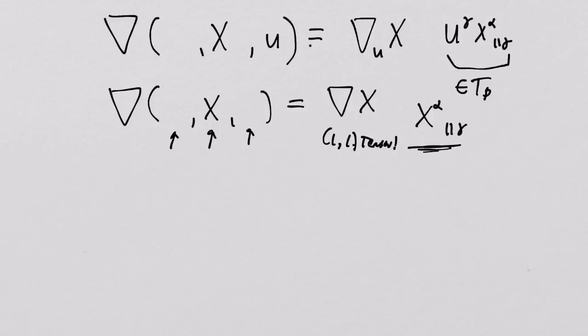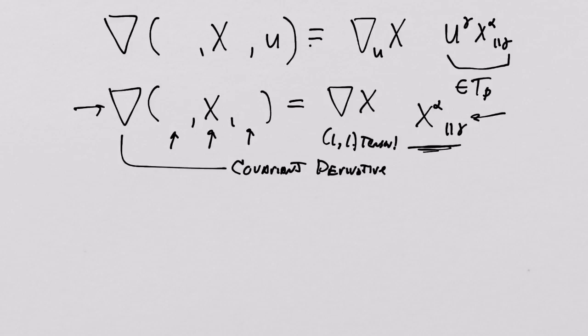So all of the constructions can be derived through this machine in one way or another. But this is going to be the 1-1 tensor that in the coordinate basis looks like what we've learned before. This object here is what Misner, Thorne, and Wheeler call the covariant derivative, or sometimes the gradient, of the vector field x.